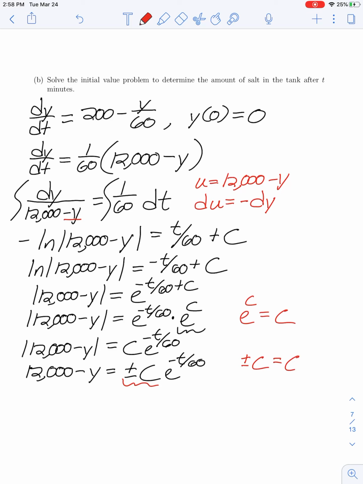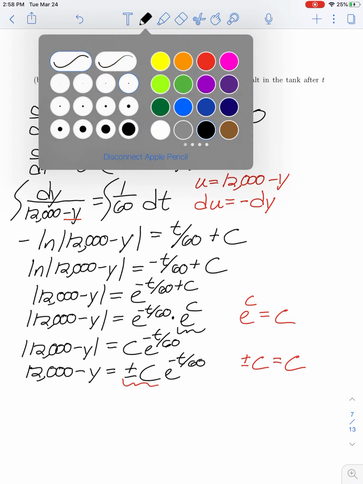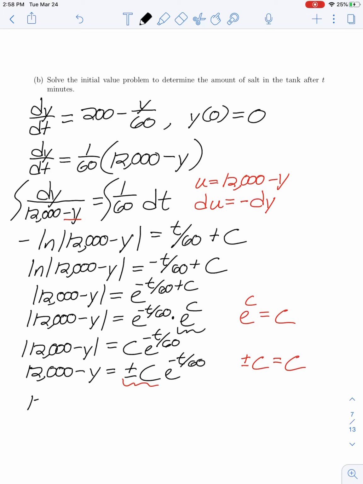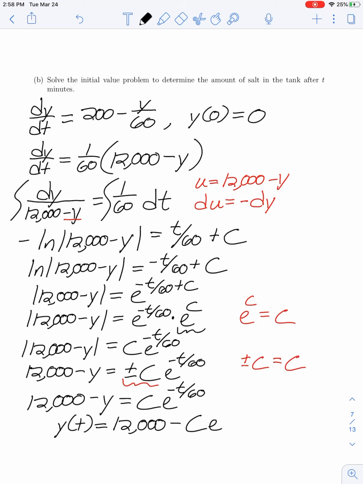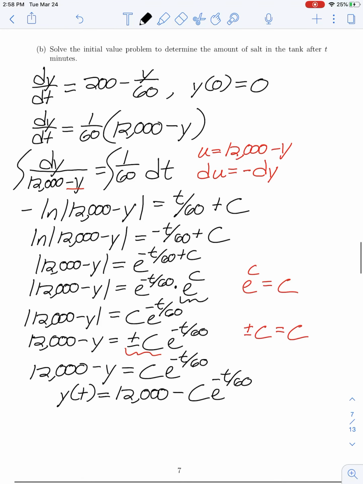When we have c as an arbitrary constant, whether it's positive or negative, it's still just an arbitrary constant. So let's just call this c for short. So we now have 12,000 minus y is equal to some constant times e to the negative t over 60 power. And then solving for y as a function of t, y is 12,000 minus some constant times e to the negative t over 60.